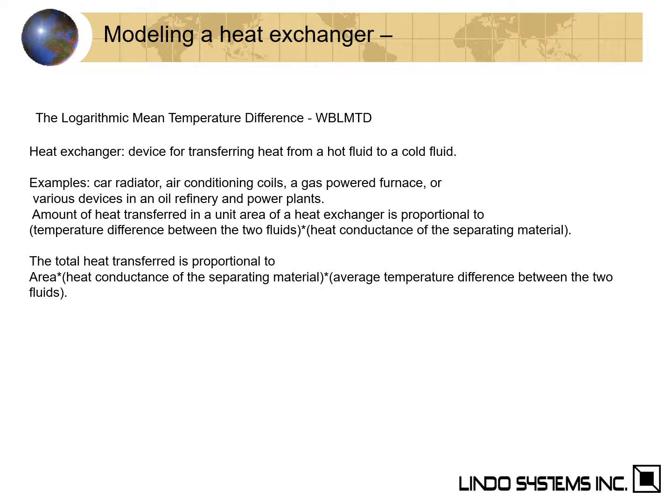What's Best has one special function that helps simplify the modeling of heat exchangers. It's called the log mean temperature difference function, WBLMTD, which you can use in Excel. Let's talk a little bit about that in terms of giving an example.